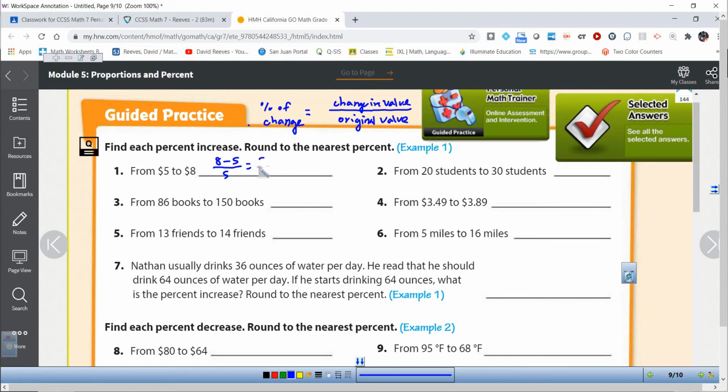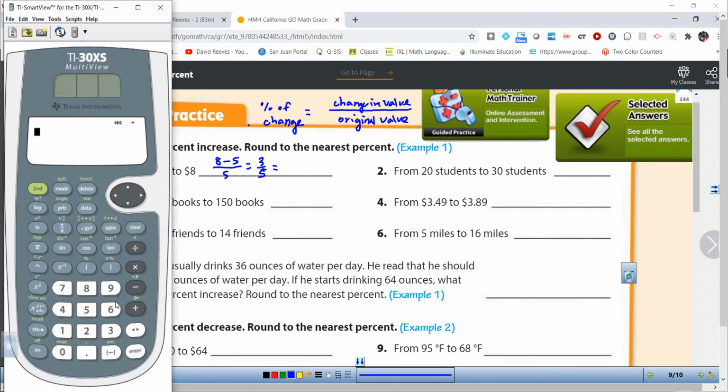8 minus 5 is 3, and we get 3/5. That is always going to give you a fraction, and then we want to change that fraction to a decimal, and then change that decimal to a percent. Just a reminder, you can change any fraction into a decimal simply by dividing.